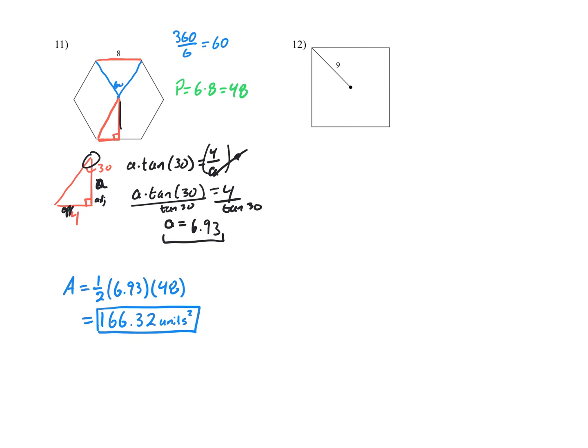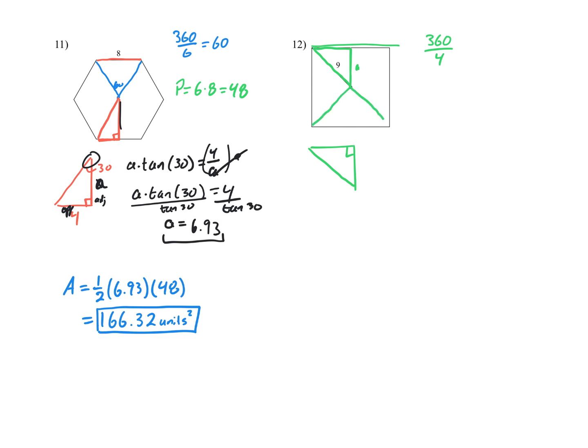Alright, one last one here for us. Same thing now, I need the apothem and I need a side length. So to do that, I'm going to look here at this triangle. That's a right angle. I'm going to say 360 divided by 4.